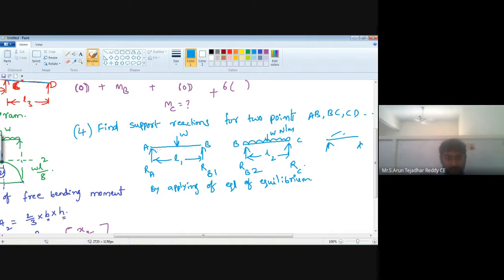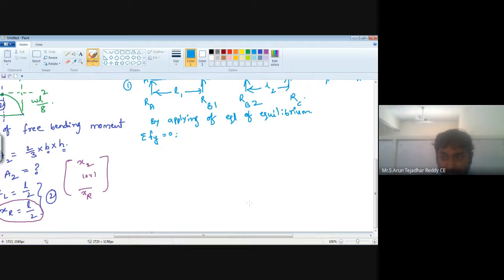See, first of all, how to find out the support reactions in the first diagram. Focus on the first diagram here. The upward forces are RA and RB1. Now the downward force is W. So first of all, I will apply here summation of all vertical forces is equal to 0.